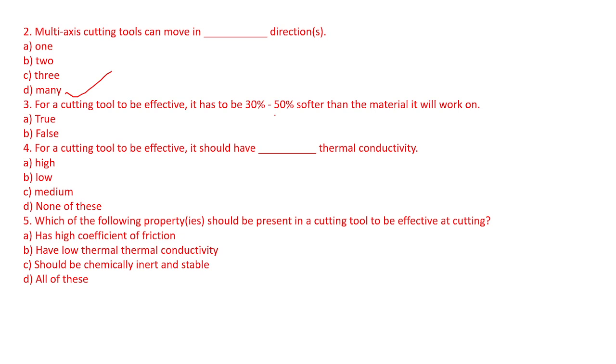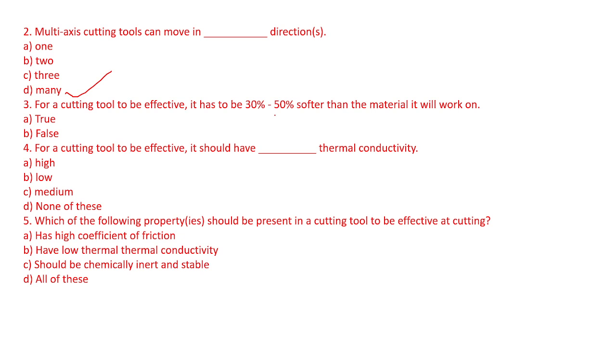So one question is given: for a cutting tool to be effective, it has to be 30 to 50% softer than the material it will work on. So the right option for that, anyone? Is the statement correct or false? Exactly opposite.